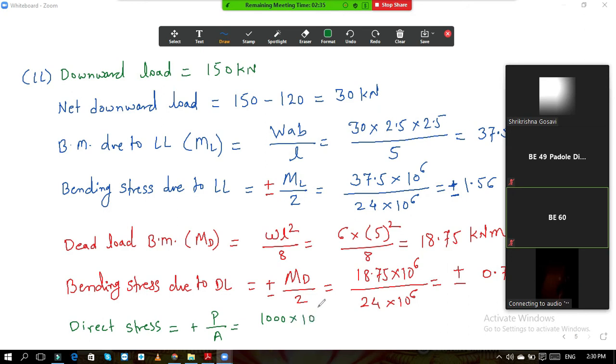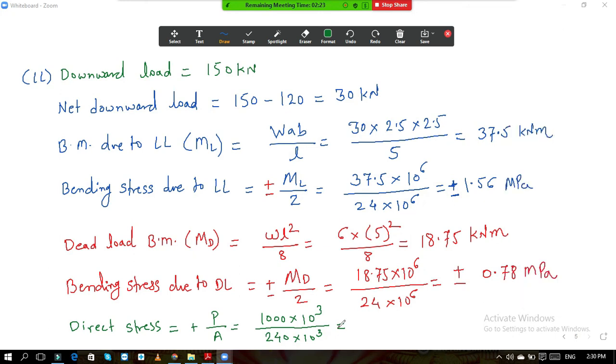So 1000 into 10 raised to 3 divided by the area, which is 240 into 10 raised to 3. So how much is it? It is 4.16 Newton per mm square.